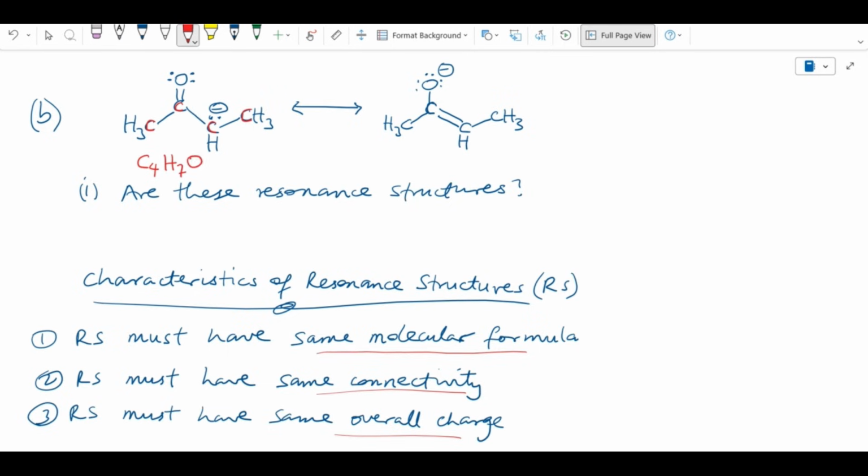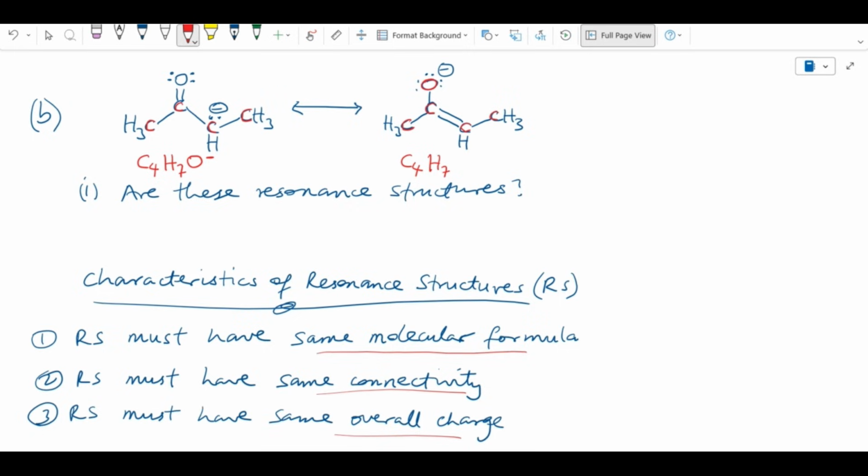And we have 1 oxygen atom and a negative charge. For the structure to the right, we also have 1, 2, 3, 4 carbons. As for hydrogen, we have 3, making 6, then 7. So there are also 7 hydrogens in the structure.